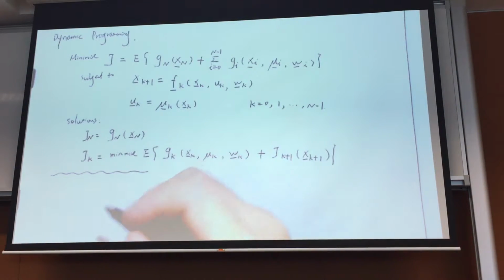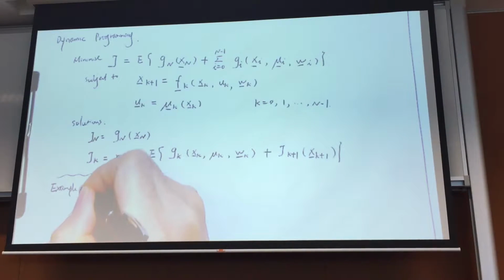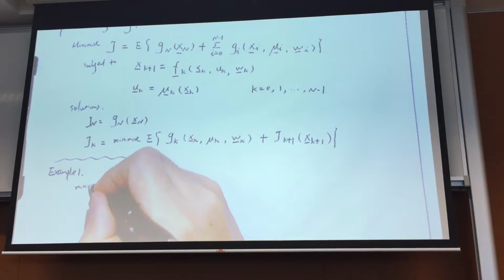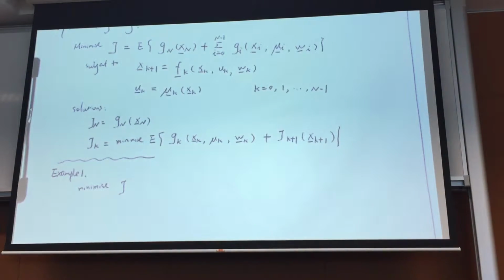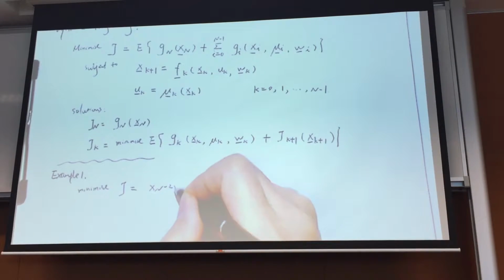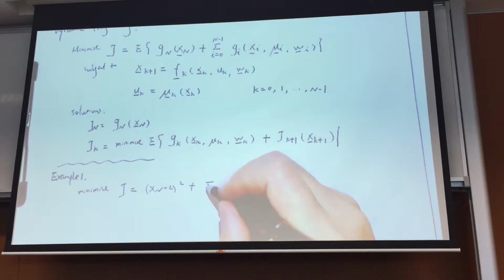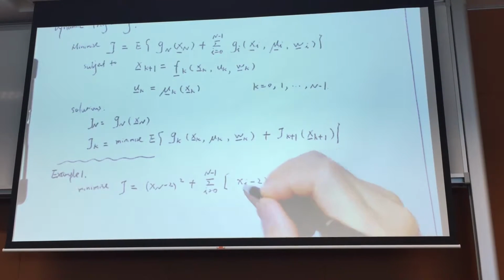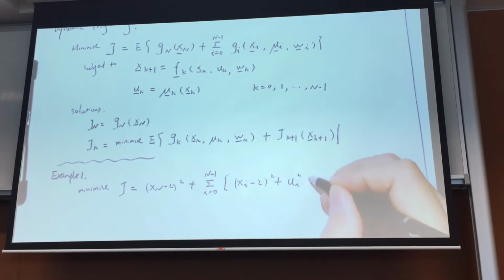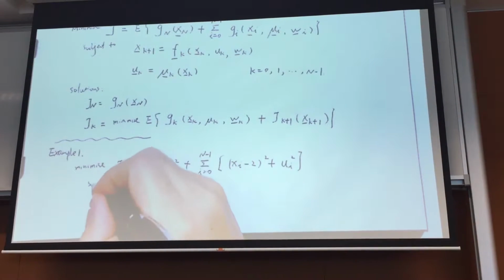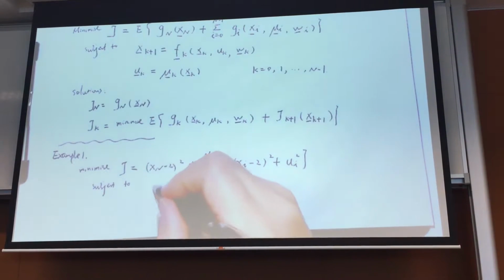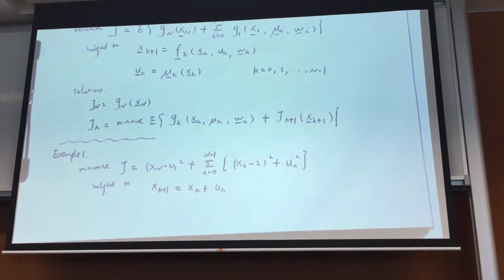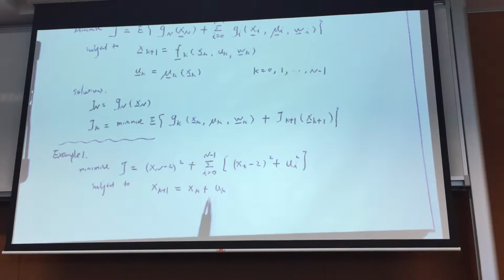In the last lecture, we discussed an example. The example is trying to minimize a cost function that contains two parts, the first part and the second part, subject to the dynamic equation to update the states.